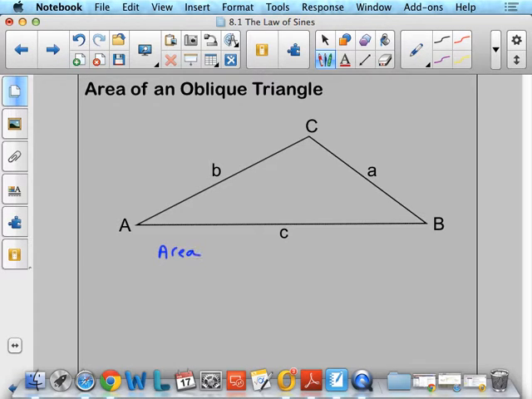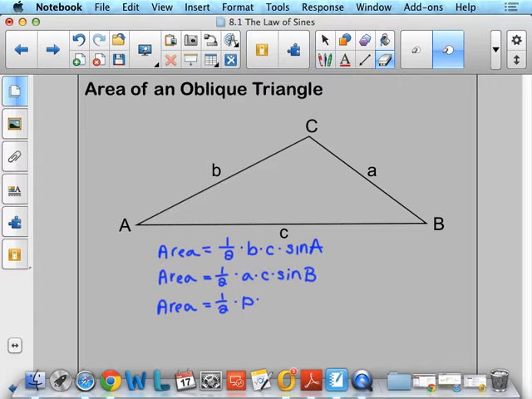The first one, area is equal to 1/2 times B times C times sine of capital A. The second one, area is equal to 1/2 times A times C times sine of capital B. And the last one, area is equal to 1/2 times B times A times sine of capital C.